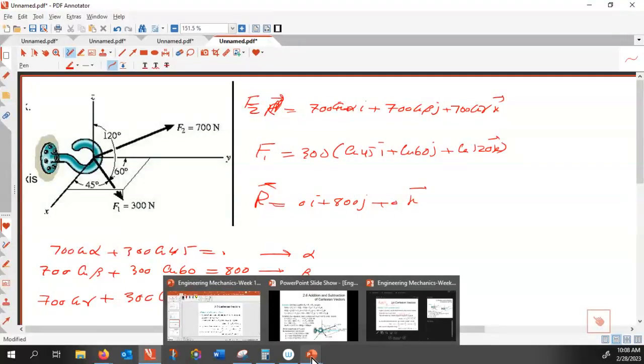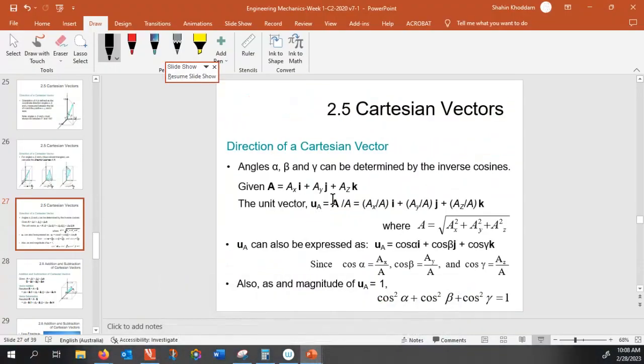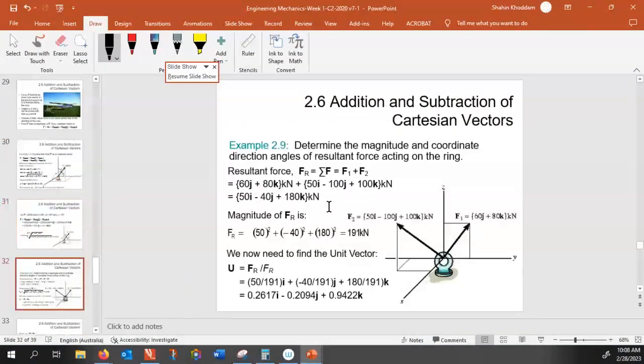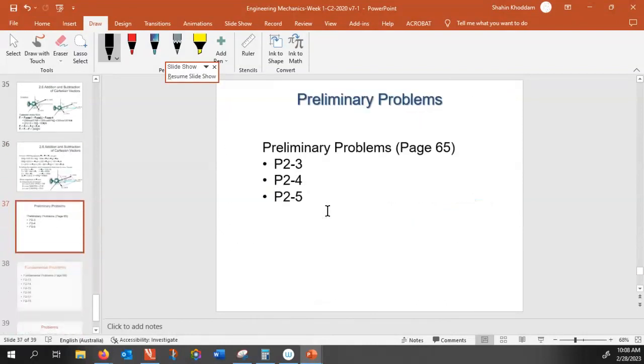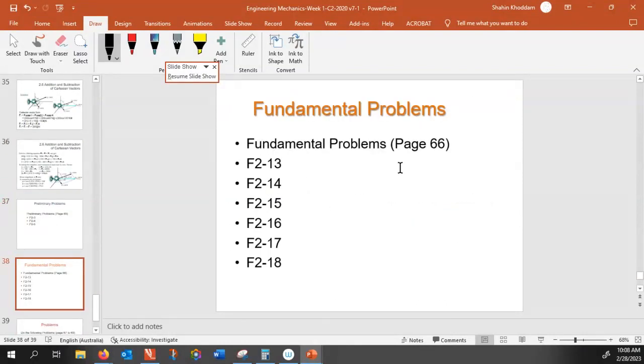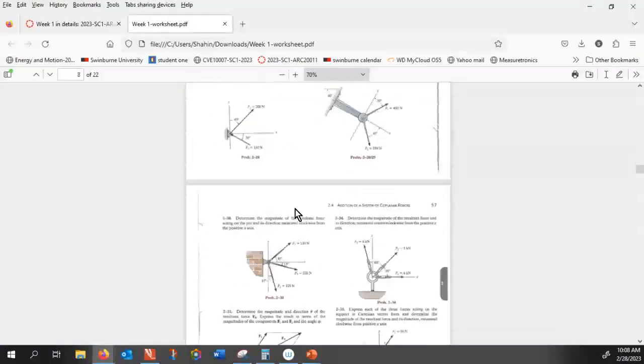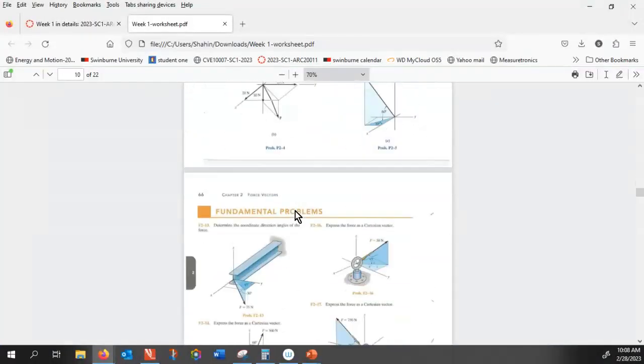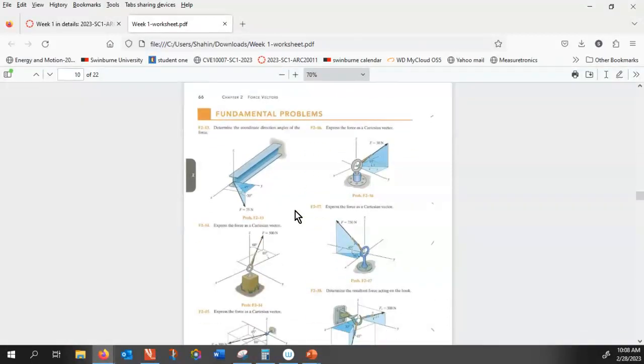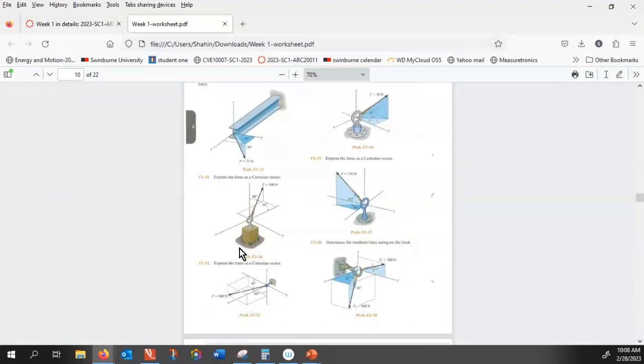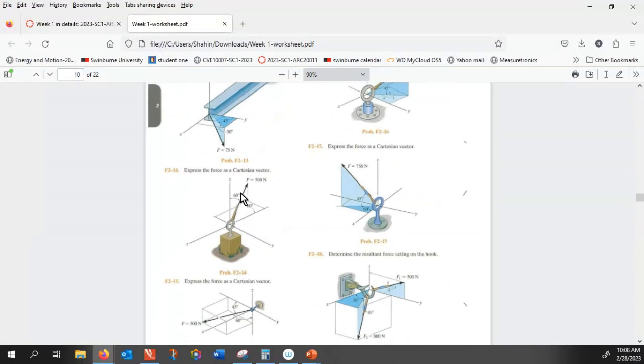All right, now let's go back to the slide and see what we have time for. I jump into page 66. Let's try, for example, problem 14, if you like.